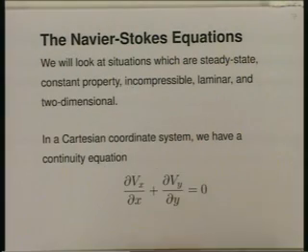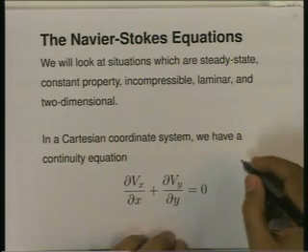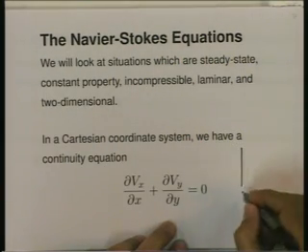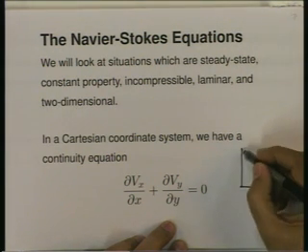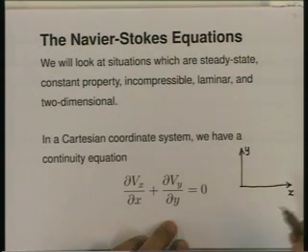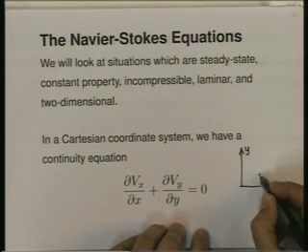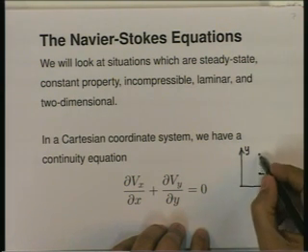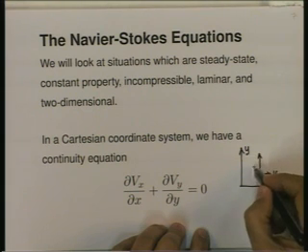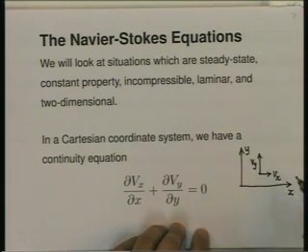Let us first look at a situation in the Cartesian coordinate system, where let us say this is the x direction and this is the y direction. At any point there will be a velocity component Vx in the x direction and Vy in the y direction.